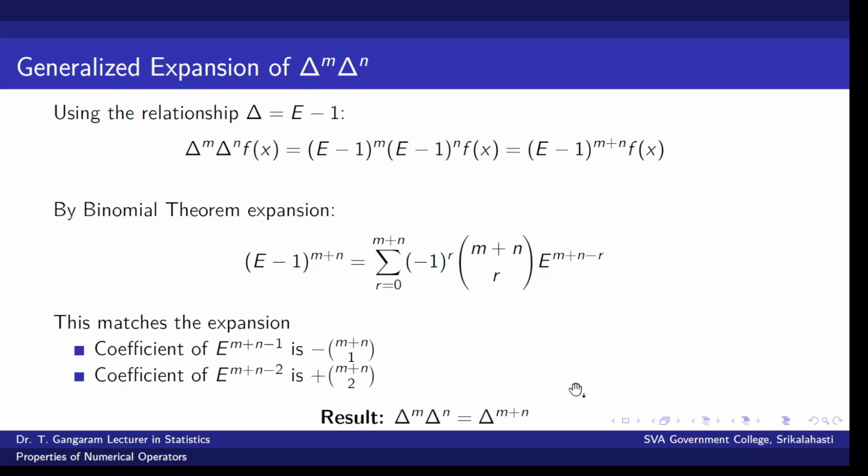From this, we can write delta power m into delta power n is equal to delta power m plus n. Here, the coefficient in the shifting operator is m plus n C r.